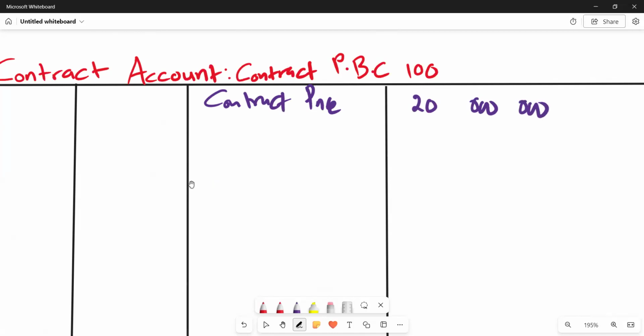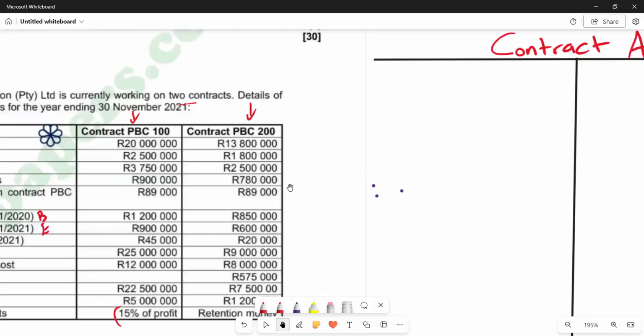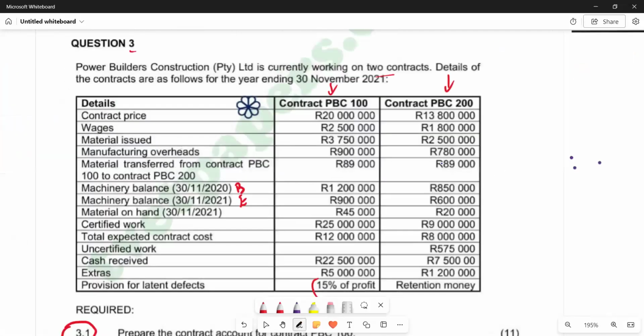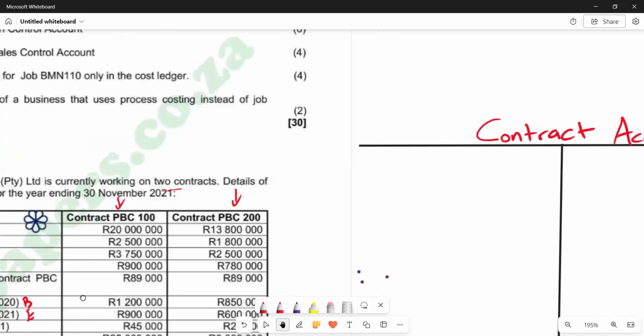Then we go to the next item on the list of balances. I believe we've got wages of 2.5 million, which is 2,500,000. Our wages go on the debit side, so here we are saying wages on the debit side.